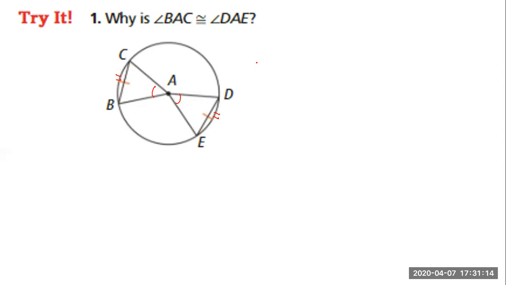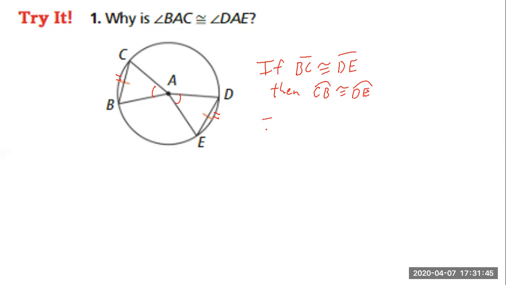Well, if we wanted to do this in the if-then format, if what they gave us to start off with was segment BC congruent to segment DE, then we can say the arcs are congruent. So arc CB is congruent to arc DE.